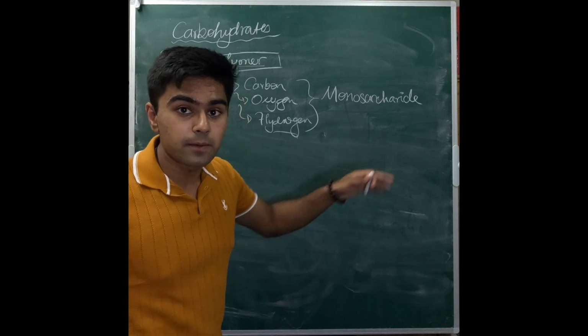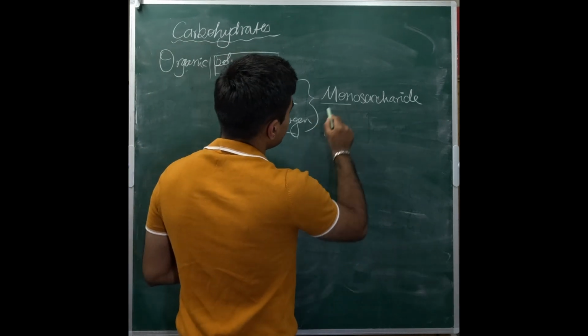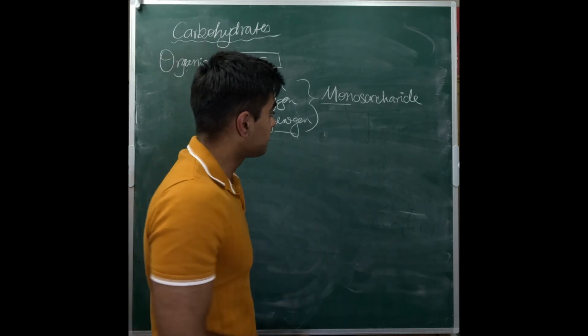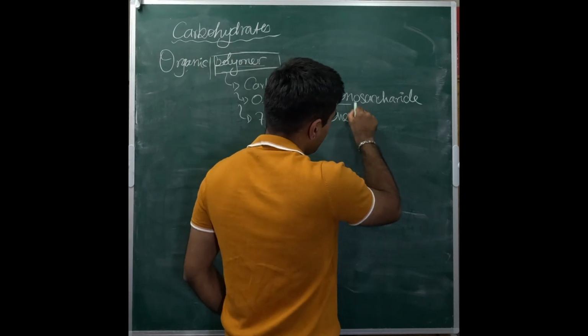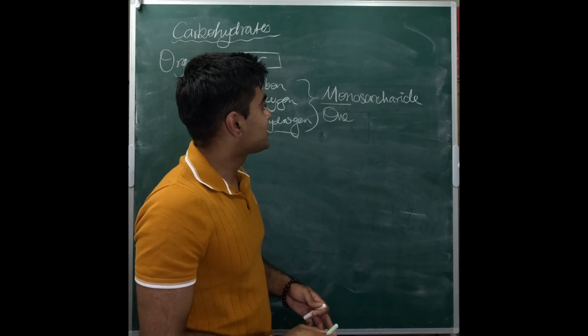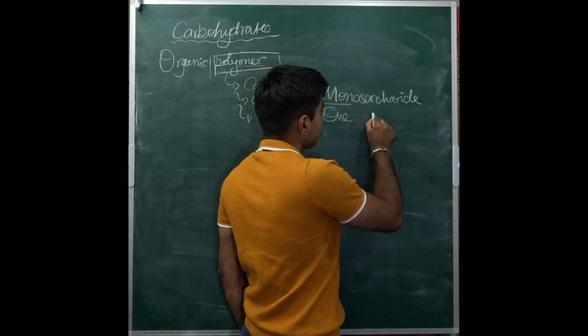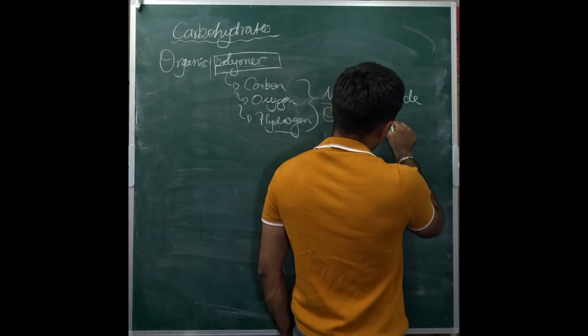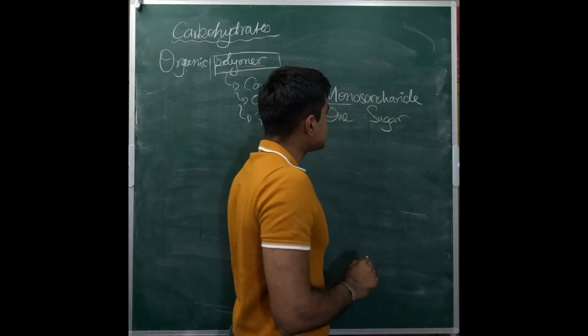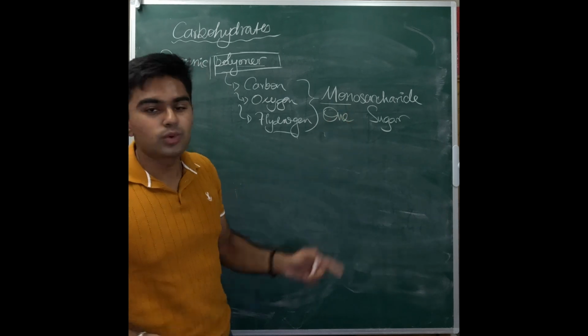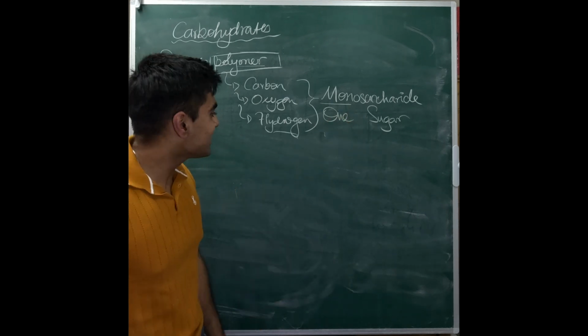Let's just break the word down, okay? Now, what does mono mean? Mono just means one, right? Now, saccharide is just a fancy way that scientists came up with saying sugar, right? So, what does this word translate to? One sugar. That's literally it.